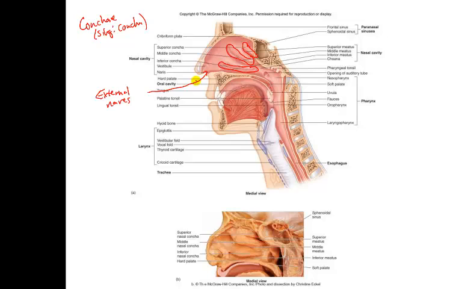Well, air can do the same thing. Air could flow in and flow very quickly past the nasal cavity down into the rest of the respiratory tract. What the conchae do is they make that air get all mixed up, creating a lot of turbulence, so that all the air ends up getting mixed around in here before it continues down the respiratory tract.